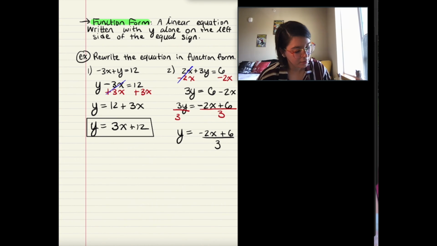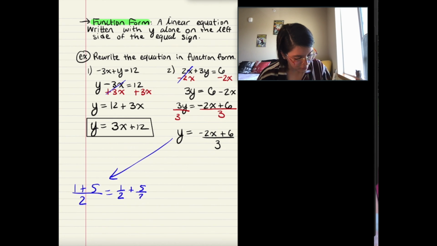Now in our numerator, we have 2 terms, but in our denominator, we only have 3. So what we can do is separate this into 2 separate fractions. So negative 2x over 3 and 6 over 3. Kind of like we had 1 plus 5 over 2. Well, we could rewrite this as 1 over 2 plus 5 over 2.